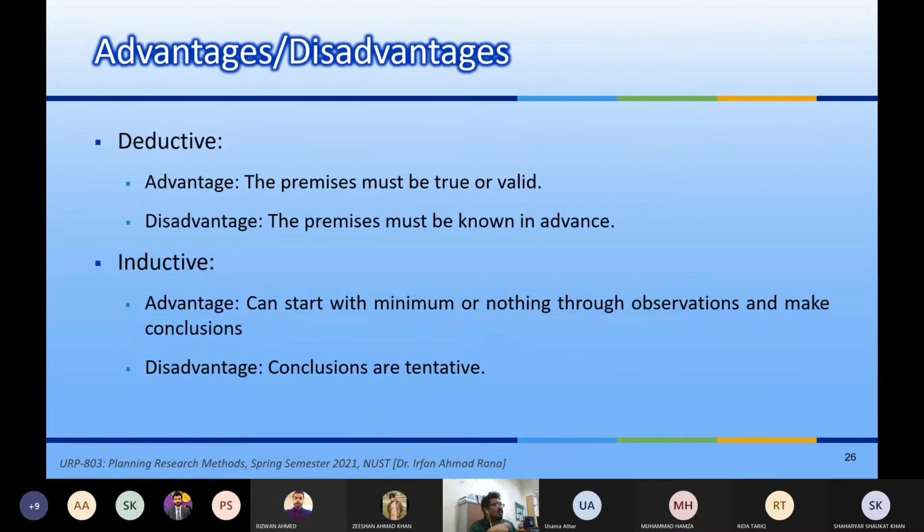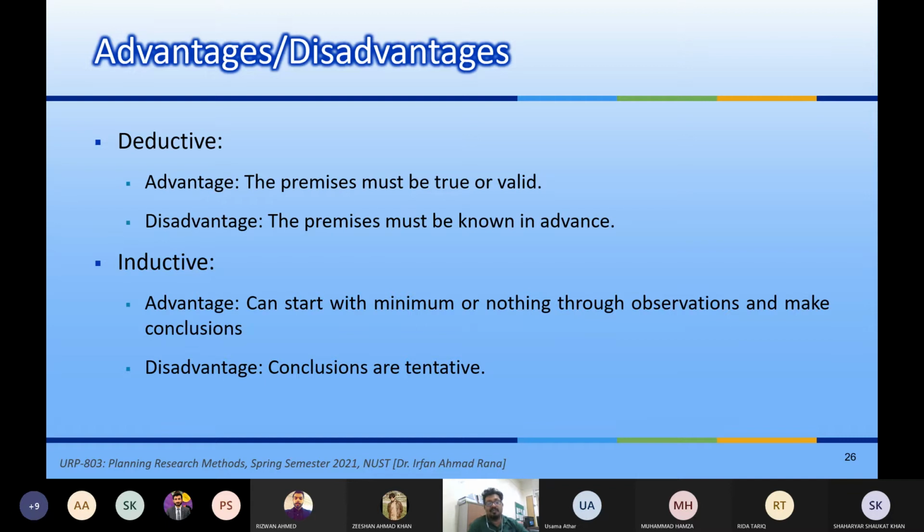What are the advantages? In deductive, we should know the facts beforehand. The theory must already exist, already agreed upon or tested, before you research on it. Disadvantage: facts must be known in advance. Sometimes if the facts are not there, it is very difficult, so you need to formulate a theory.